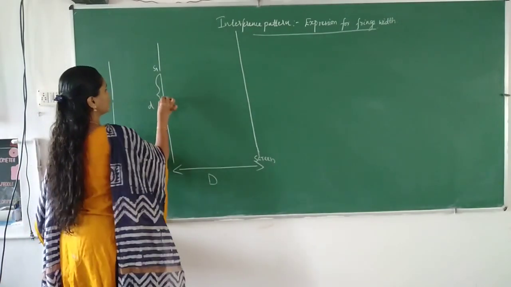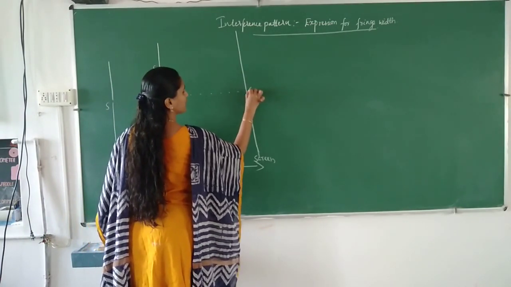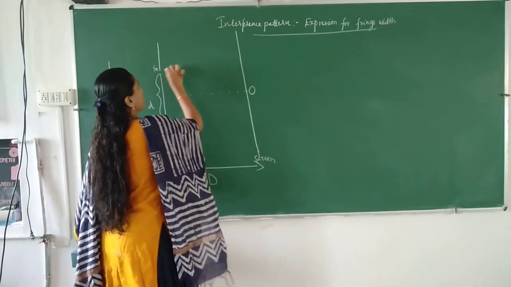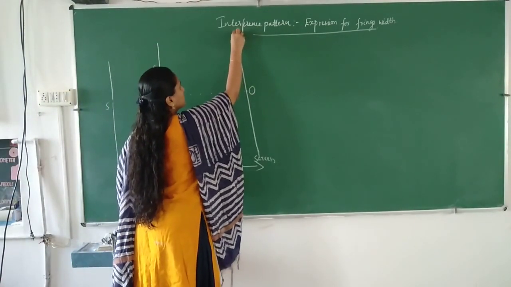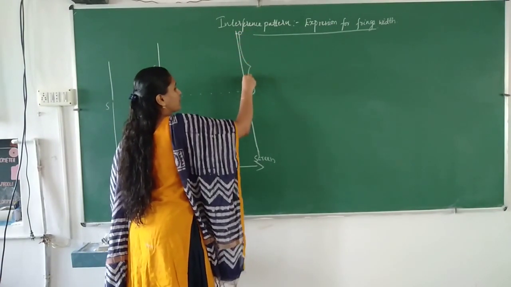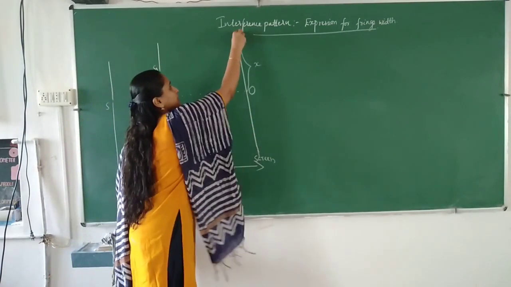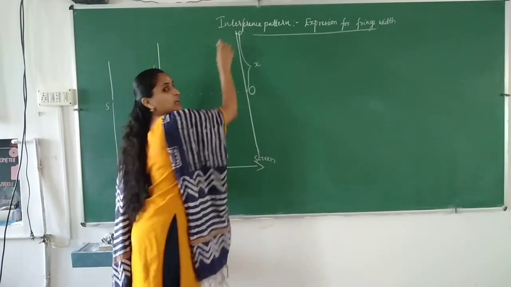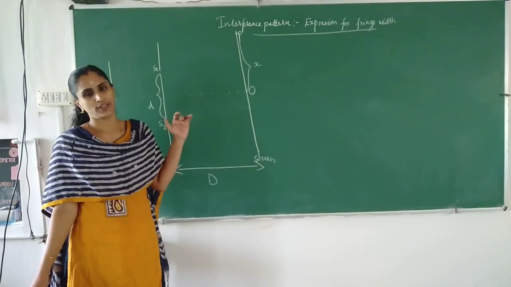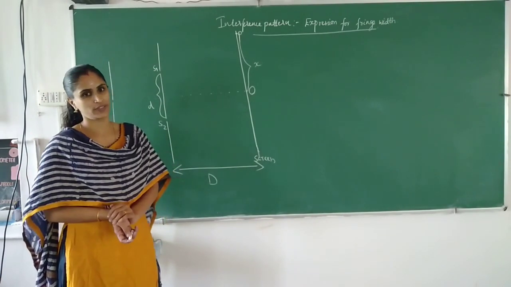Here, this is the center of the screen, so we can mark it as O. From the center, we are considering a point P which is at a distance x from the center of the screen. Now we have to see the condition for constructive interference.